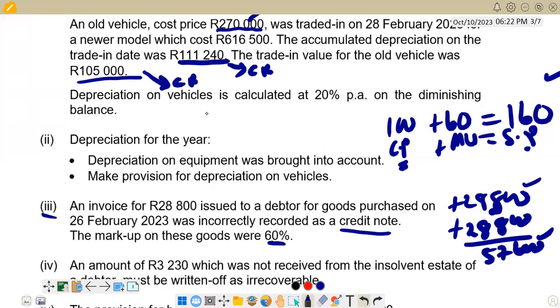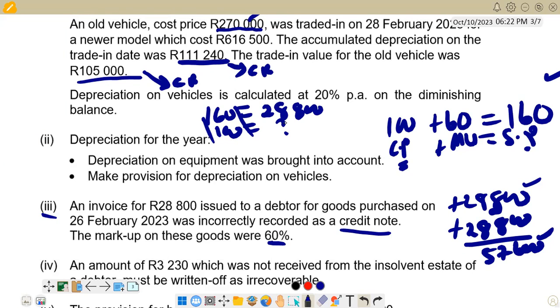So basically, we are just going to make a proportion there by saying 160 is equal to 28,800. So the figure that we want is 100%. We don't know this figure; that's the figure that we want. So on this side, the figure that we are given is 160, and we want 100. 100 is a smaller figure.